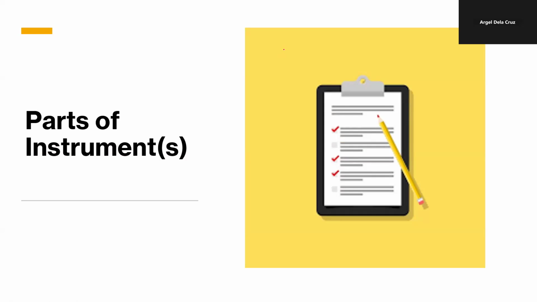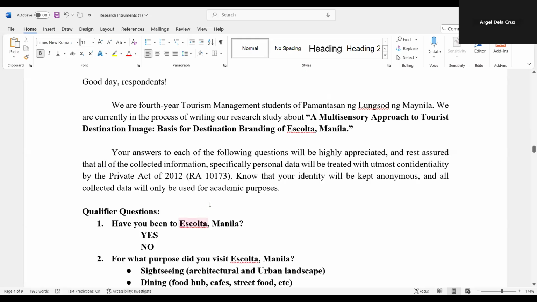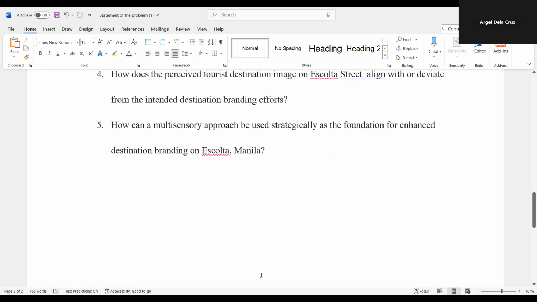Number 1, malinaw na SOP. So, pag magpapacheck po tayo sa panel of expert, kailangan po may kasamang SOP, research framework, saka research paradigm para malinaw. Or at least dapat may SOP ka para makita namin.